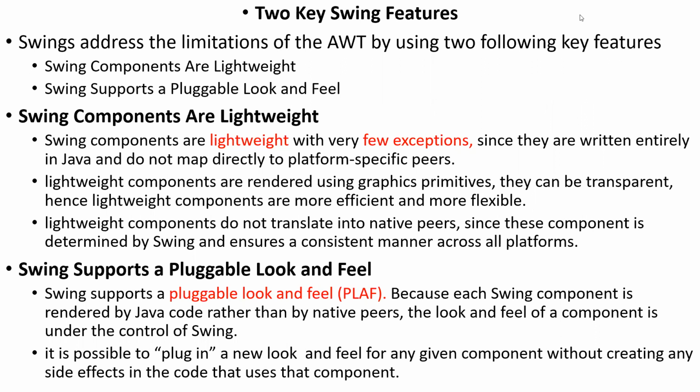Lightweight, the concept itself tells that Swing is lightweight. Lightweight means less complexity, maybe less code. Why Swing is lightweight means it will have very few exceptions. What is meant by exception?